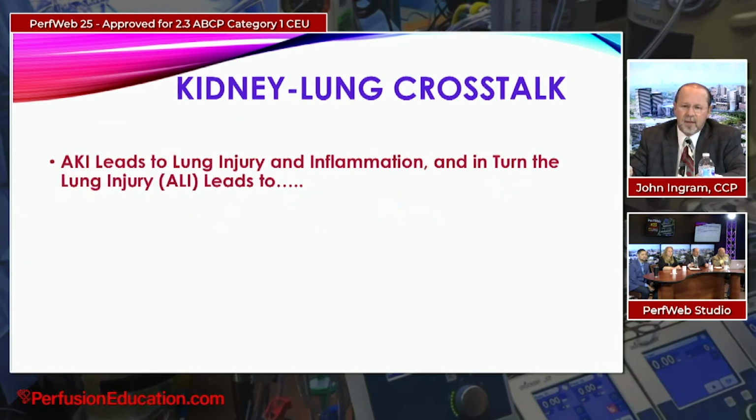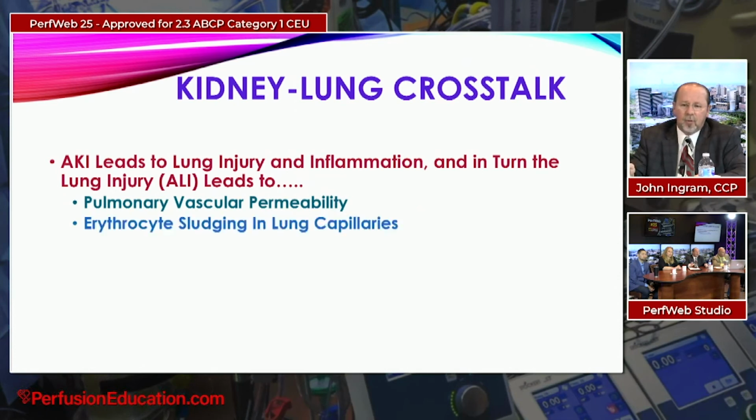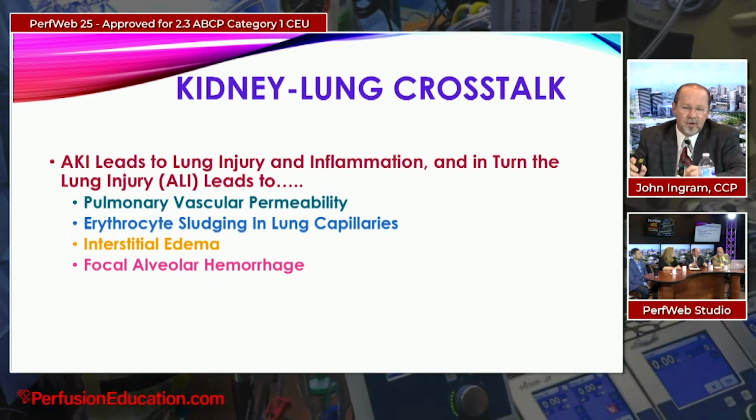So here, acute kidney injury leads to lung injury and inflammation, and in turn, the lung injury leads to pulmonary vascular permeability, erythrocyte sludging in the lung capillaries, interstitial edema, and focal alveolar hemorrhage. So think about this for a minute. You have erythrocyte sludging in the capillaries of the lung. You have focal alveolar hemorrhage.